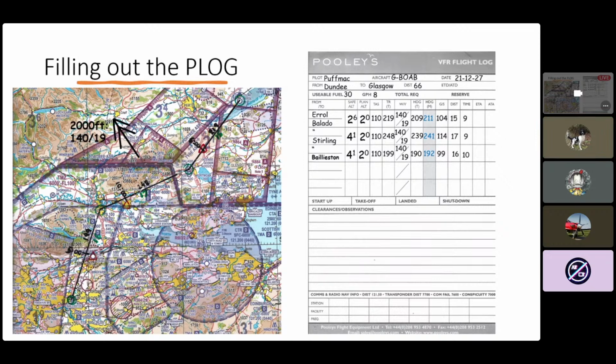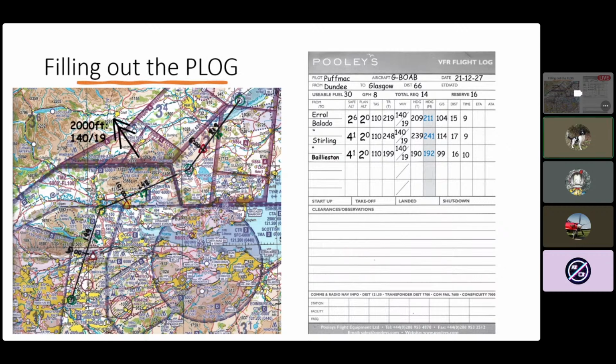So that's it. That's flight planning. You pick where you want to go, and then you calculate the heading that you have to steer based on the winds and the ground speed, and therefore the time that it's going to take you to fly that leg. And if you do that for the whole flight, you then calculate how long the flight's going to take. You can then times that by 8 gallons per hour, and you can work out how much fuel you actually need.